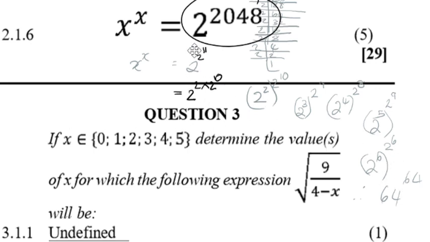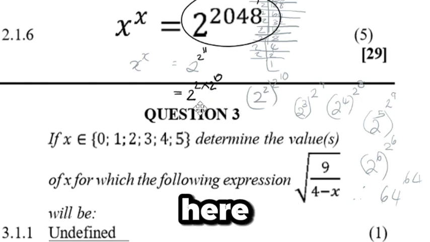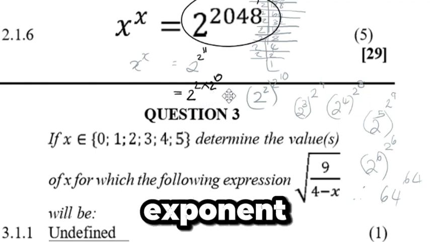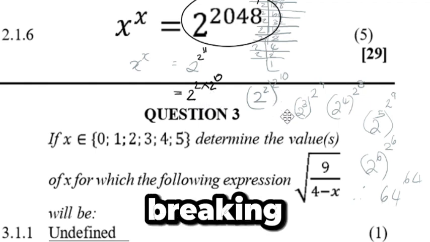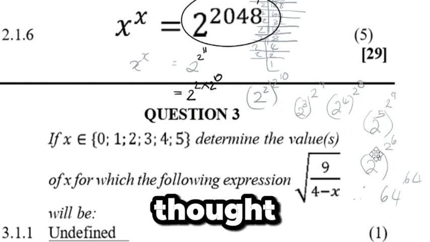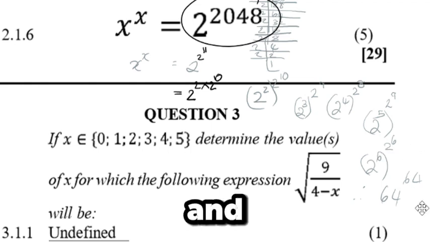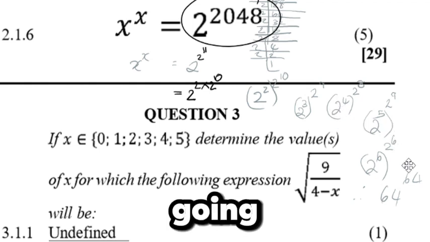You can copy that. Just remember it's 2 to the power of 11, but now each time I'm going to write that so that I can get the base here the same as the exponent. So I keep on breaking it up, and I go through my thought process there, and I get closer and closer there. There I start with 11, then I get to 10, then to 9, I keep on with that process going on like that.